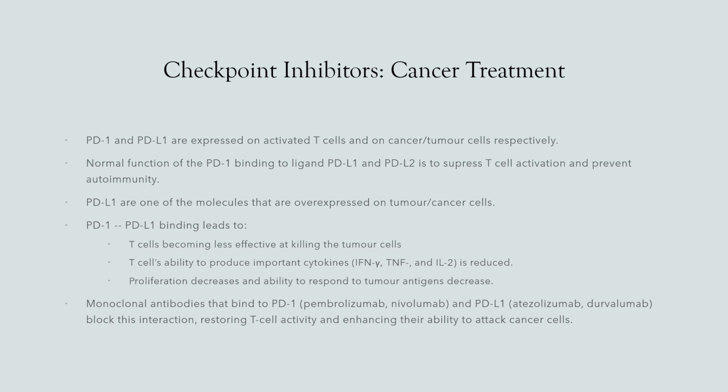But PDL1 is one of the molecules that are overexpressed on tumor cancer cells, and so therefore when you get this binding, because it's overexpressed, the T cells become less effective at killing the tumor cells. The T cells' ability to produce all the important cytokines is reduced, and the proliferation in order to then go off and kill more cells is decreased, and the ability to respond to tumor antigens is decreased.